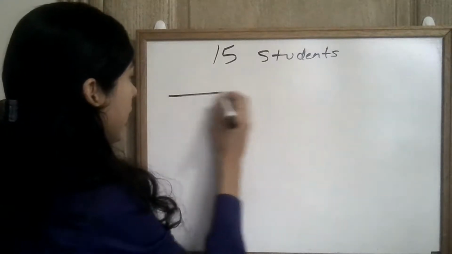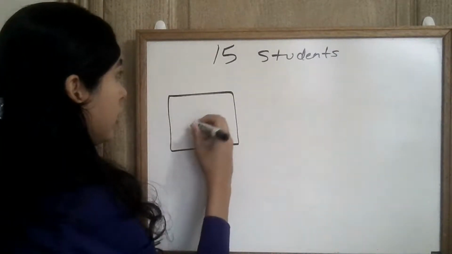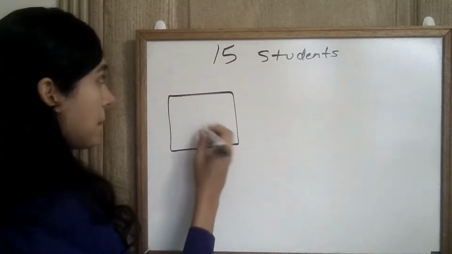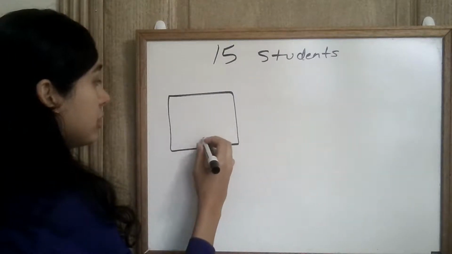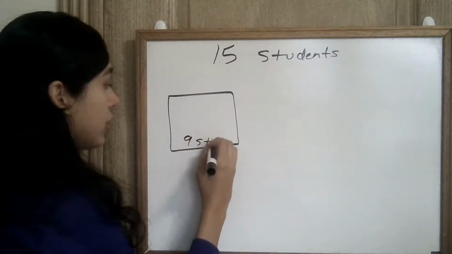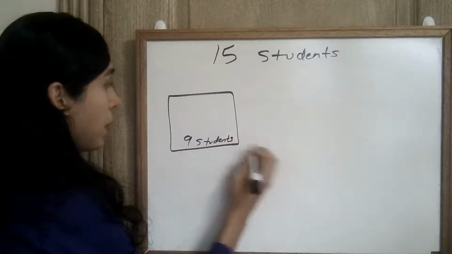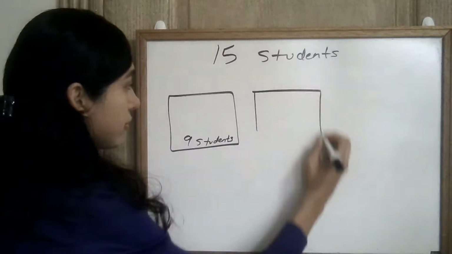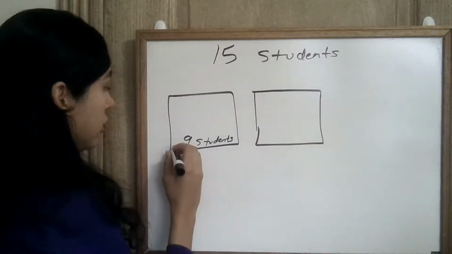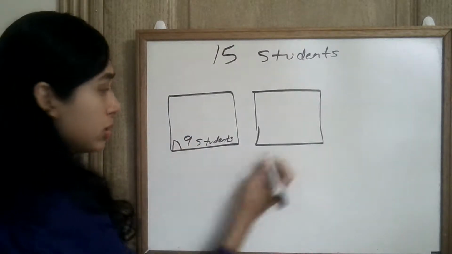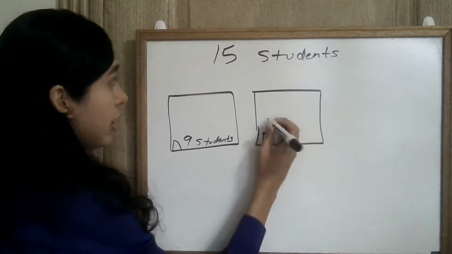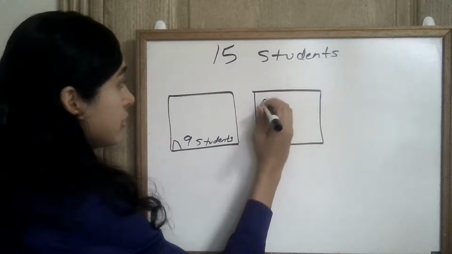They were suggesting that I have half of the students here. So let's say I have 9 students here in one classroom. And then in another classroom right here, that's a little door symbol, I have the rest of the students. So let's say I have 6 students.